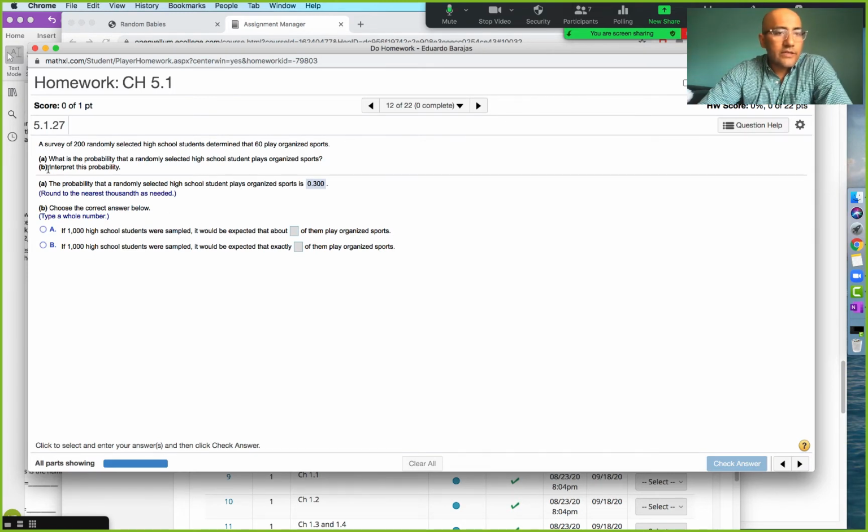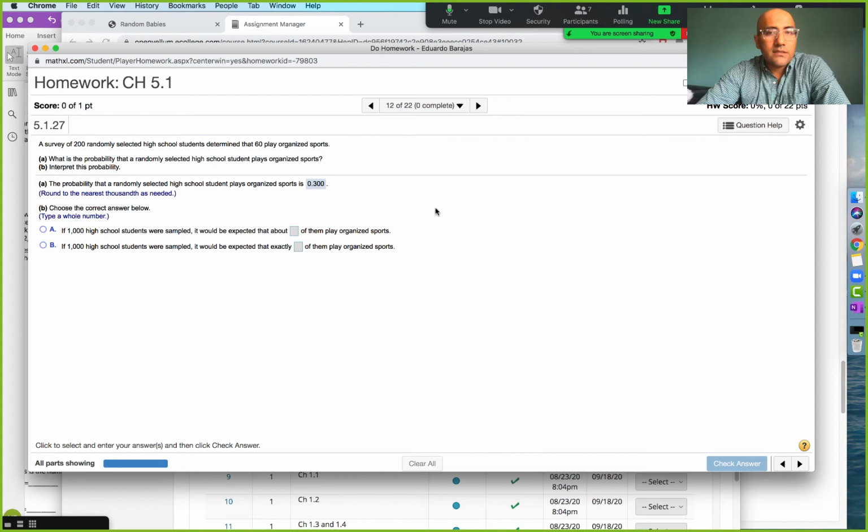Now, part B is to interpret this probability. When I say 30%, there's a 30% chance that one randomly selected high school student from this particular high school plays organized sports. Another way to interpret that is that we believe that approximately 30% of the population of high school students play organized sports.